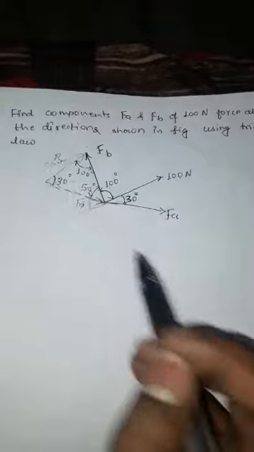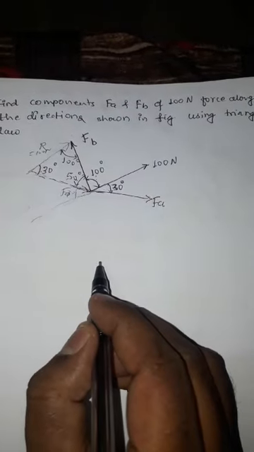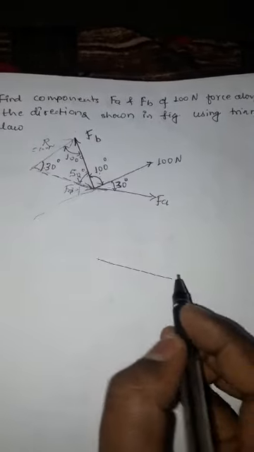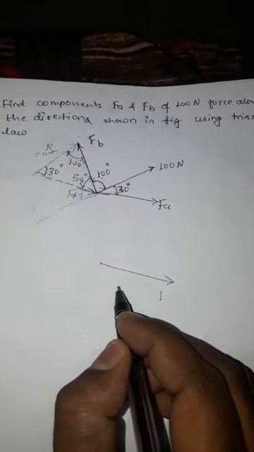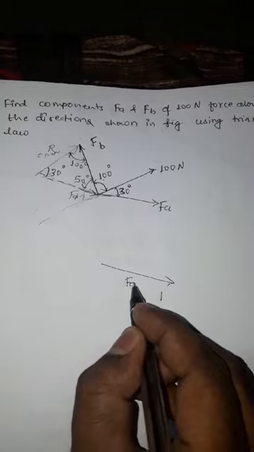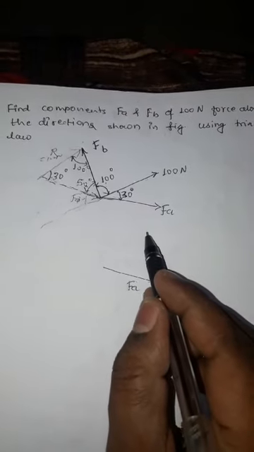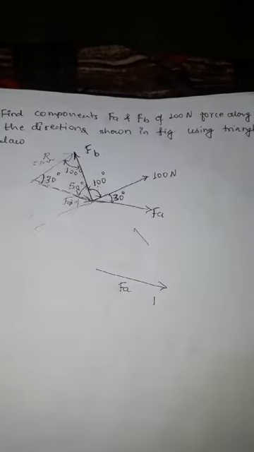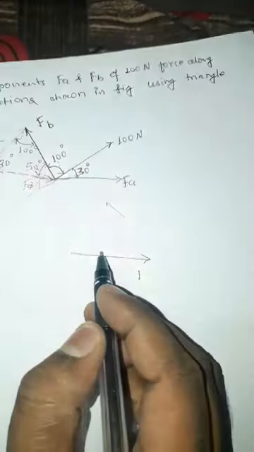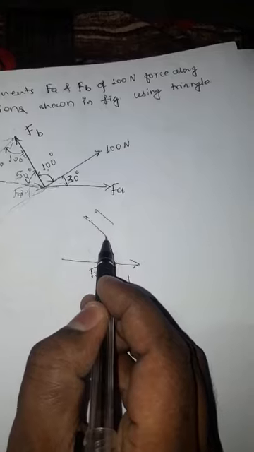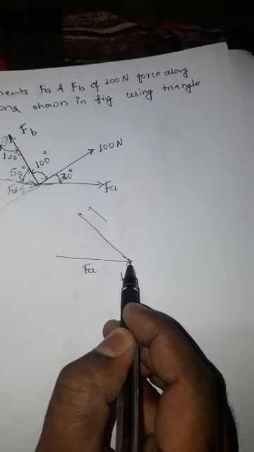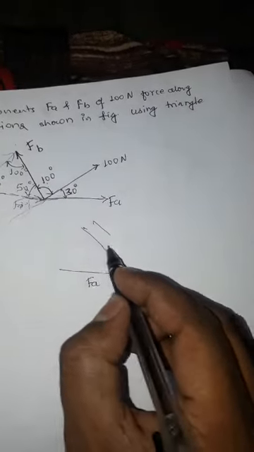Now I am going to draw the complete triangle here. This is Fa, this is Fb.